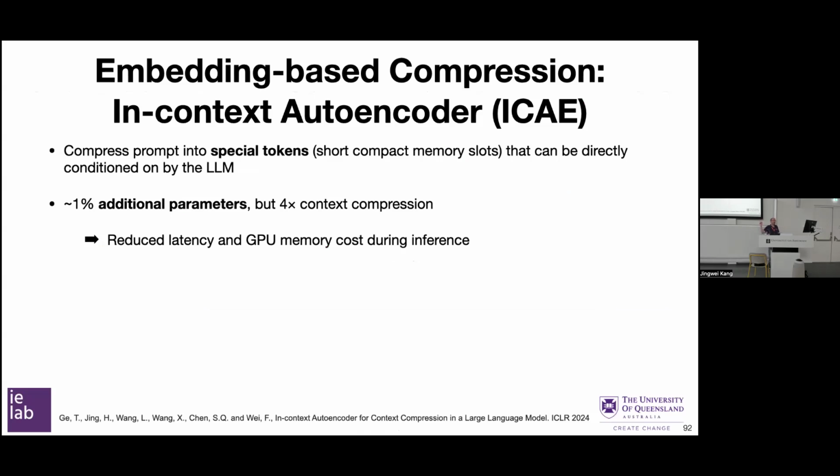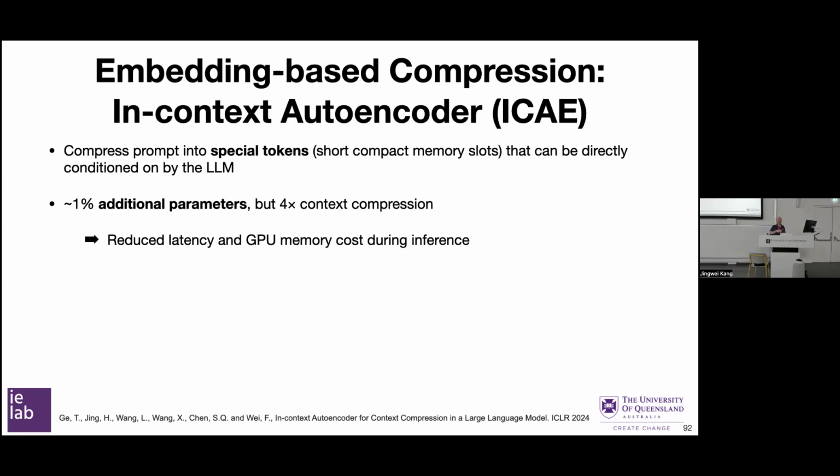I'm using the ICAE method as an example. The idea here is that we want to compress part of the prompt into special tokens, these memory slots, which we then use to condition the LLM to do the generation. By introducing new tokens, we are introducing new parameters into the model, which doesn't sound like a great idea, right?